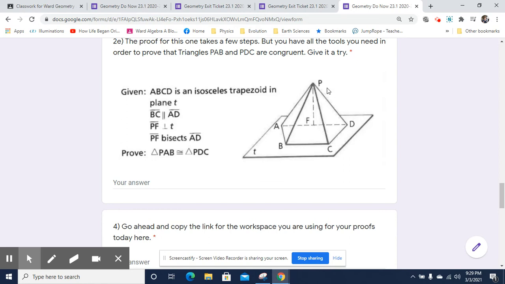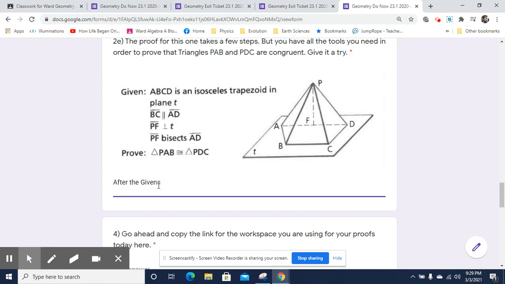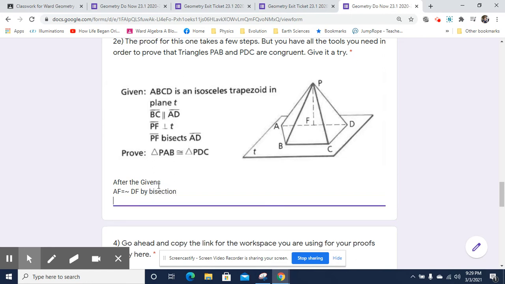To do that, you're going to need to deal with the triangles PFA and PFD. So let's start with the given. So after the givens, we can say that AF is congruent to DF by bisection, because AD has been bisected.